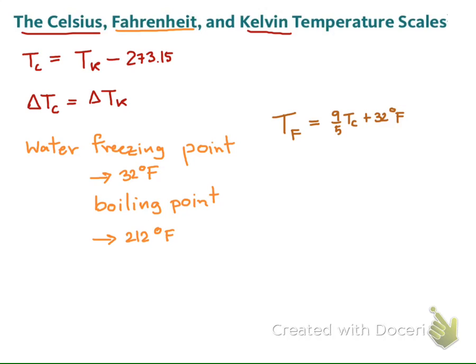So it means that the change of the temperature in the Fahrenheit scale is not equal to the change of the temperature in the Celsius scale, but is equal to 9/5 of the change in the Celsius scale.